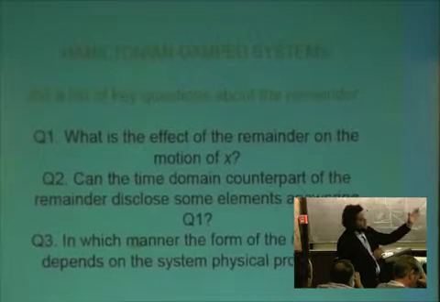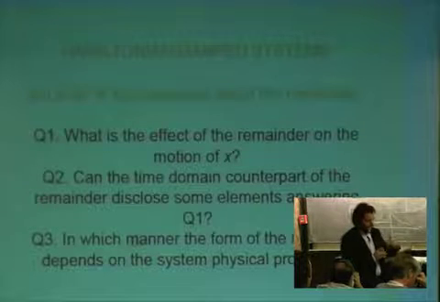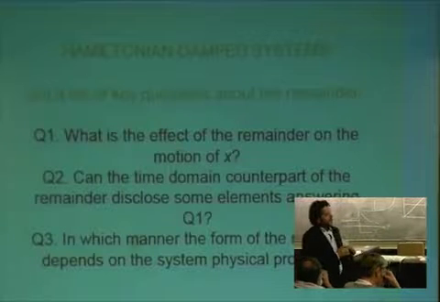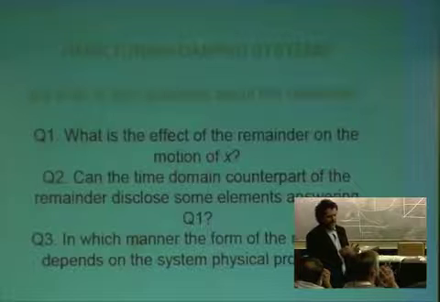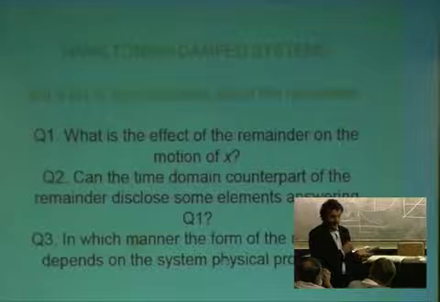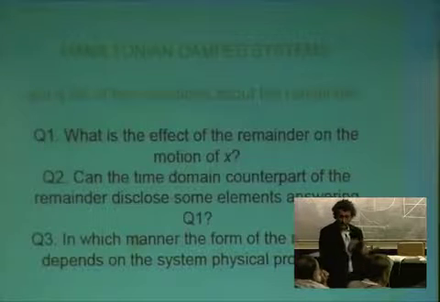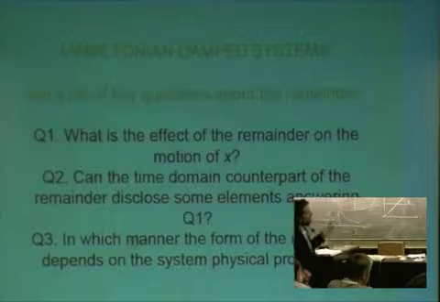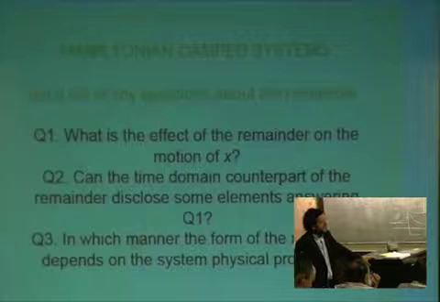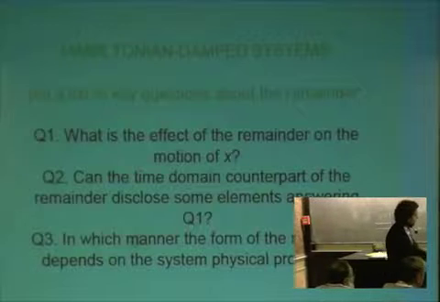Now, just considering the Taylor expansion, we have something that corresponds to an irreversible process, meaning that energy goes and doesn't come back. Does it mean that actually we are considering an infinite system? So maybe the neglect of the remainder corresponds to having an infinite system instead of a finite one. So the question Q2 is: can the time domain counterpart of the remainder term disclose some elements answering the previous question? And again, in which manner does the form of the remainder term depend on the physical system properties?